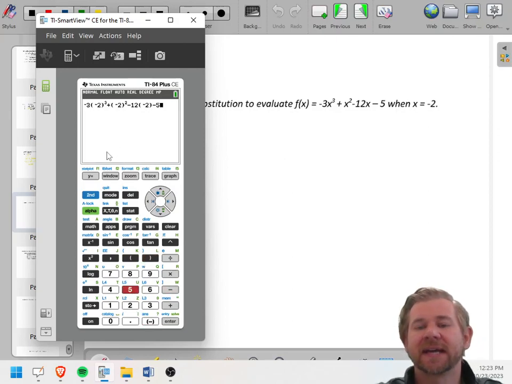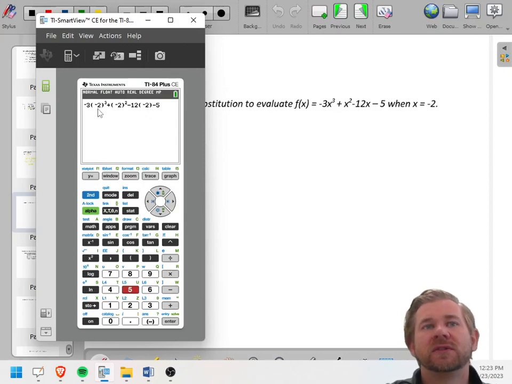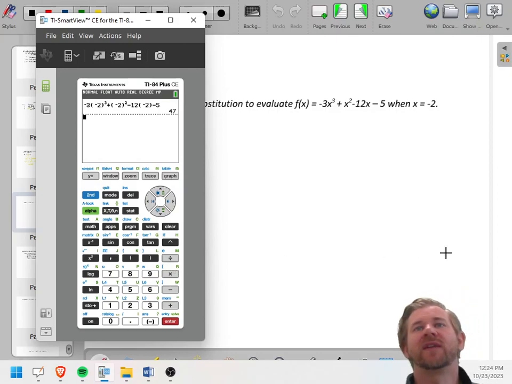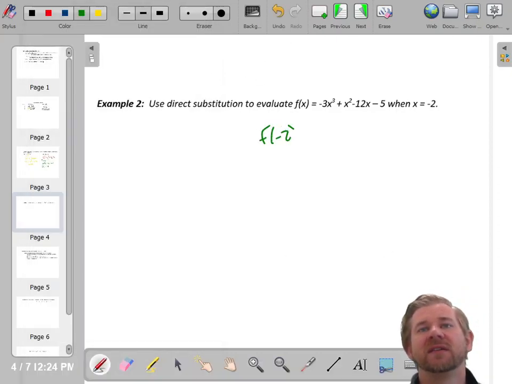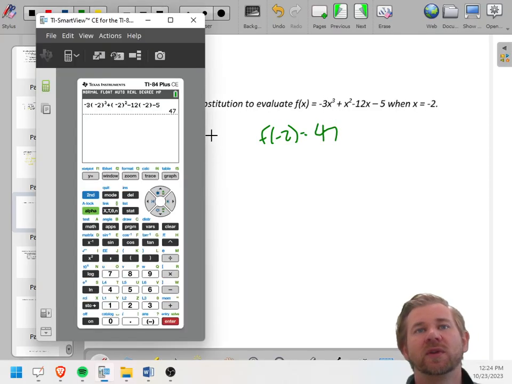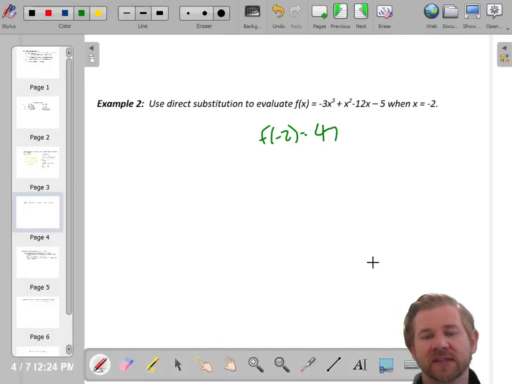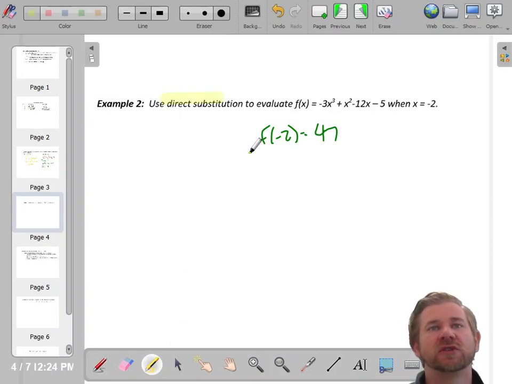So everywhere you see an x, you plug in a -2. Instead of x cubed, it's -2 cubed, -2 squared, 12 times -2. We get 47. So if I ask what is f of -2, you get 47. We're used to doing that. That's called direct substitution. That's when you just plug it in.